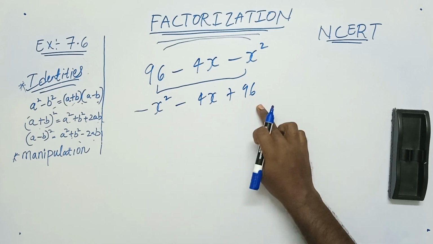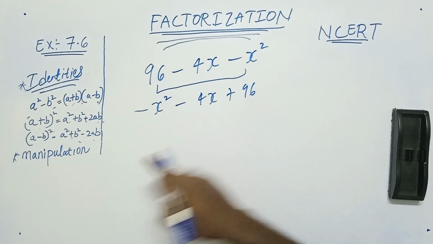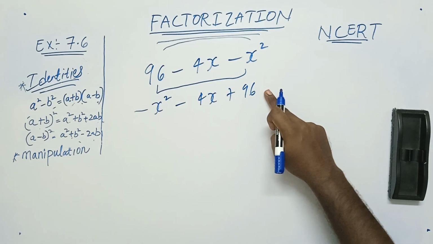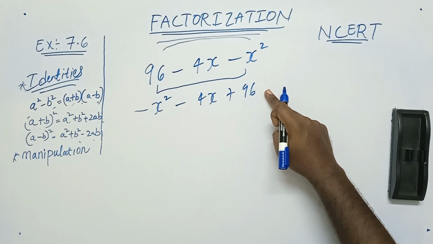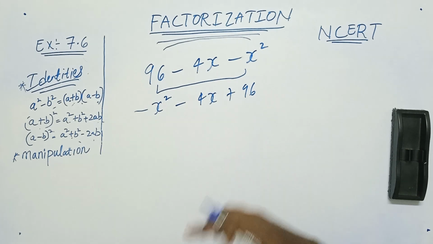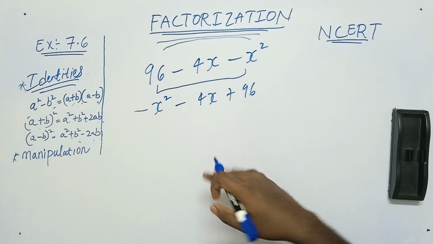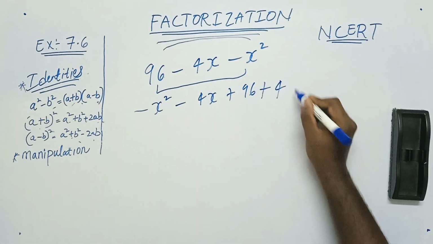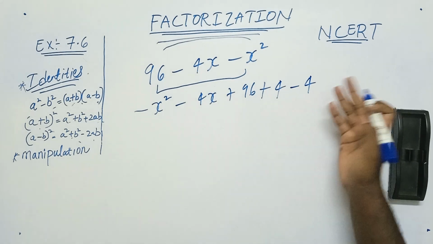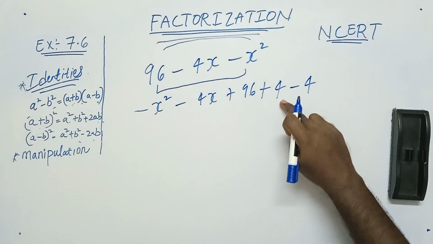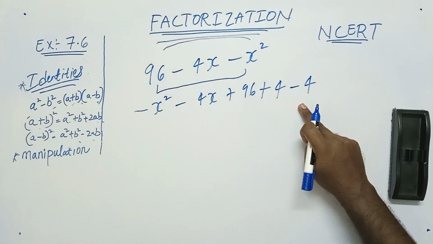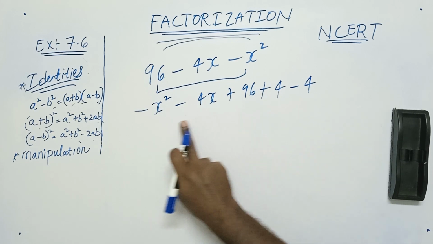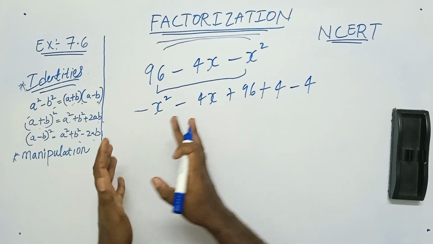Now what we are going to do here is manipulate. That means we are creating a number, making it believe that it existed, but the value does not change. If I add 4 and subtract 4, the value doesn't change because it gets added and then later subtracted. Now I'm going to group these terms into one group and another group.